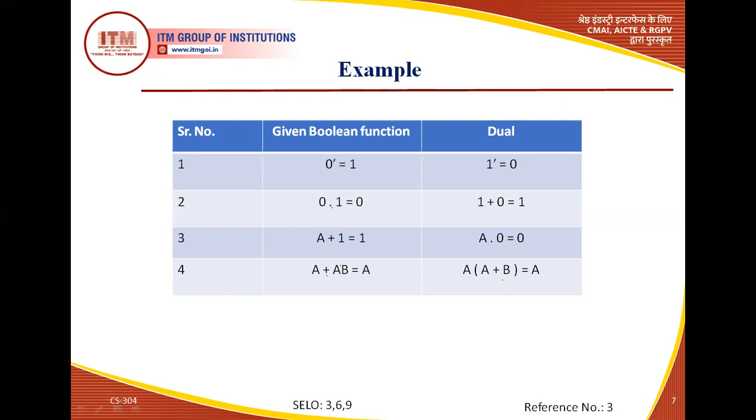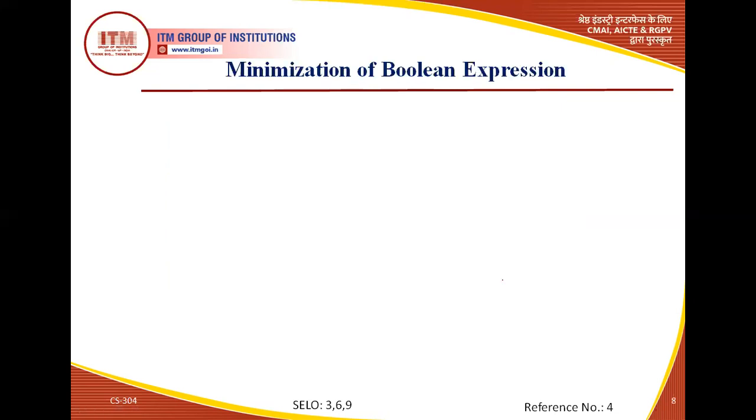Okay. Now we discuss how we minimize any Boolean function by using the laws and properties which we discussed in the first video lecture and also in this lecture, like De Morgan theorem and duality property. So by using these properties and laws, we can minimize any given Boolean function.